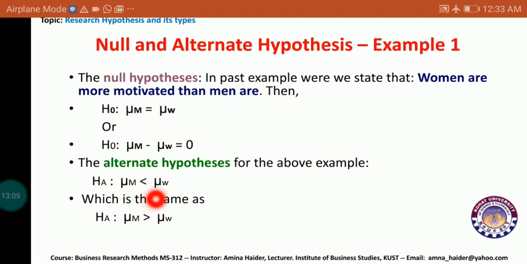It indicates that the motivational level of women is higher as compared to men. So it's an alternative hypothesis. When we reject the null hypothesis, then ultimately it indicates that we are supporting the alternative hypothesis.